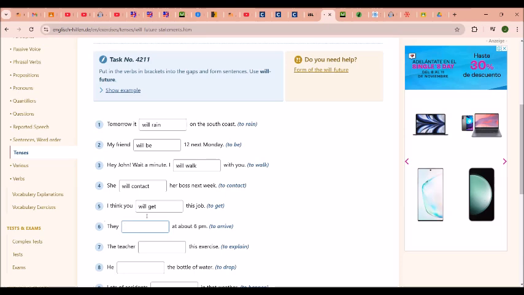They will arrive at about 6 p.m. Good. Lalo Maldonado. The teacher will explain this exercise. Yes, exercise. Right.